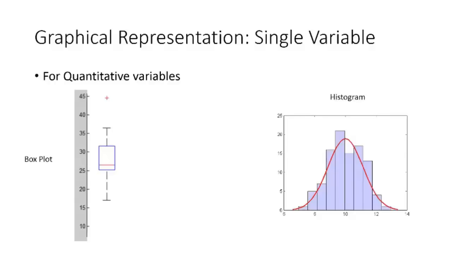But for purposes of this, a box plot is essentially something that captures central tendency, which is this red line that's there, and typically that tends to be the median of the data set.